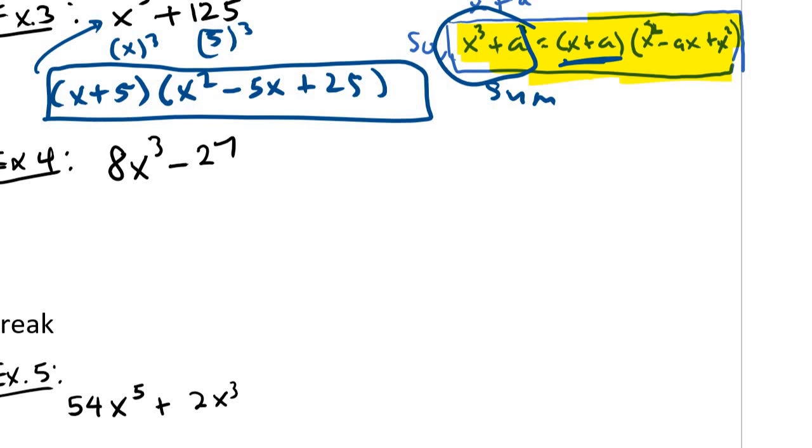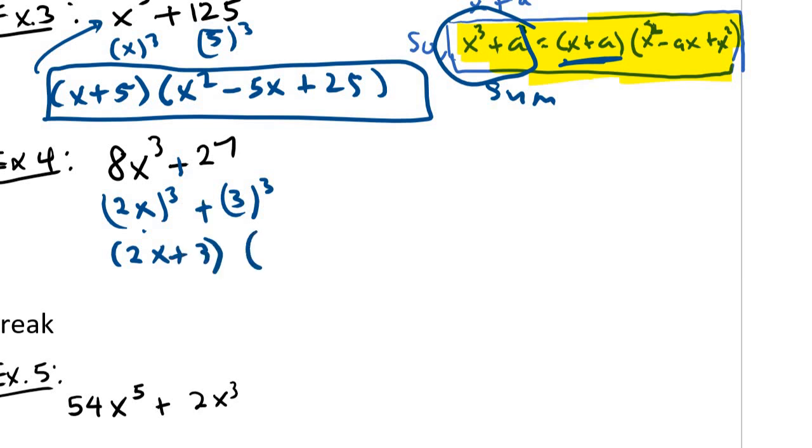Okay, here is another one. We have to recognize that we can write the 8x cubed as 2x cubed, and then this one is plus, so we work with the sum: plus 3 cubed. So I have the first term here, the binomial. I have 2x and 3. So it's going to be 2x plus 3. And then I'm going to start with 2x squared. That's my x squared there.